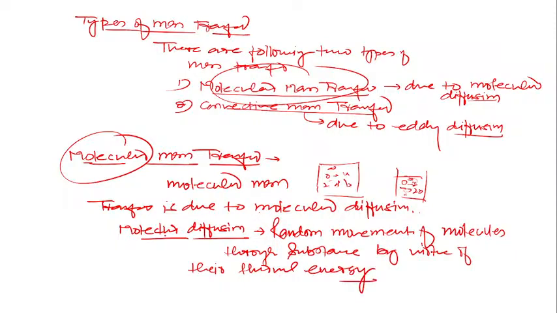So molecular diffusion is due to thermal energy, not due to difference in concentration, because it's a random movement of the molecules. So what is molecular mass transfer?